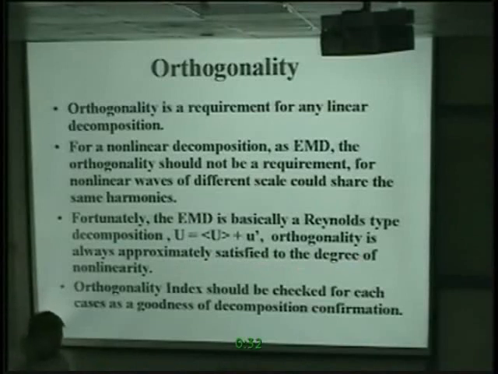I have taken a pen to state that EMD satisfies orthogonality to the degree of nonlinearity. Unfortunately, there are people, who seem to be pretty smart, but they don't understand what I'm talking about. They start to attack EMD, saying that EMD is not orthogonal.